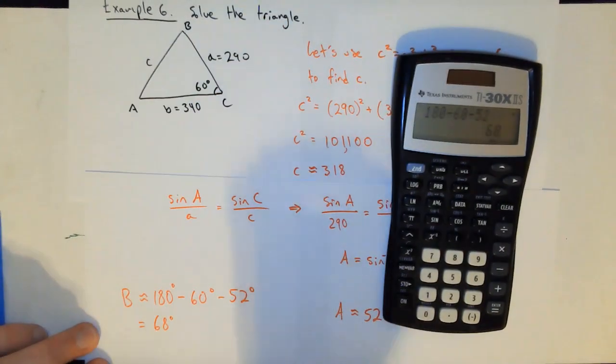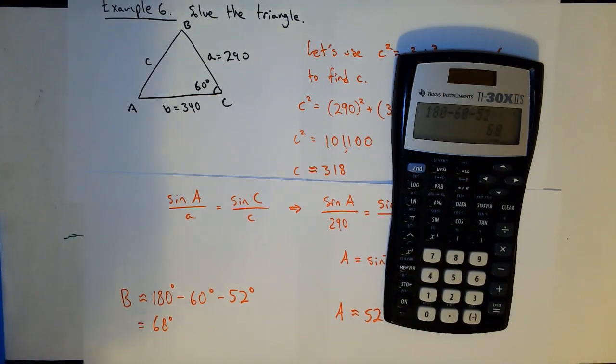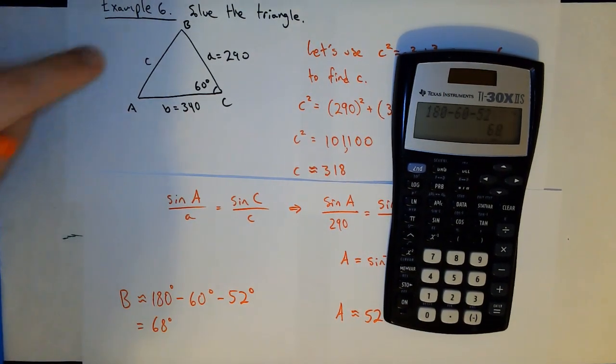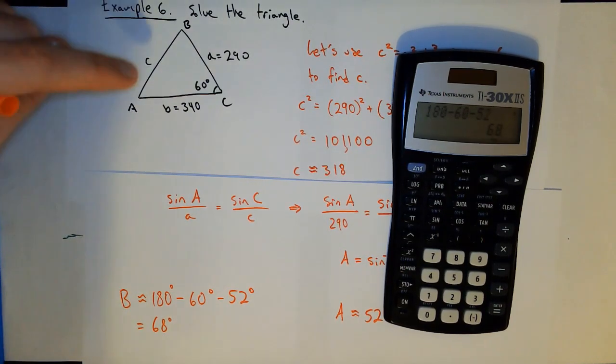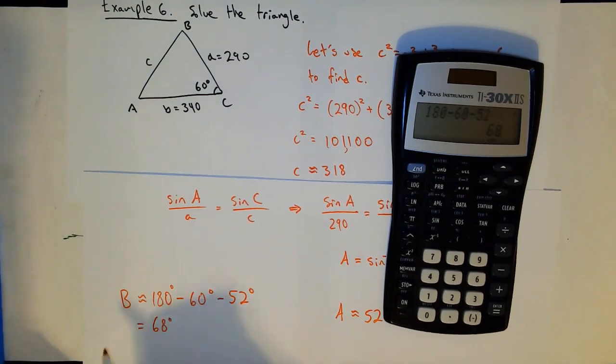So that finishes it, right? Because that's all I needed. I got side C via the law of cosines, and then I got angle A via the law of sines, and then I got angle B just via some geometry here.